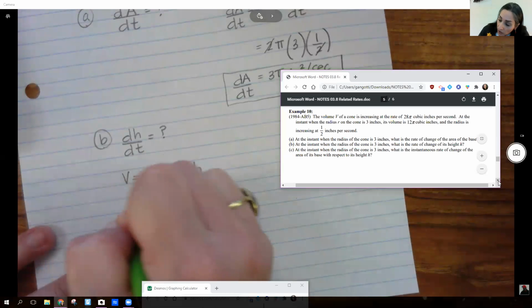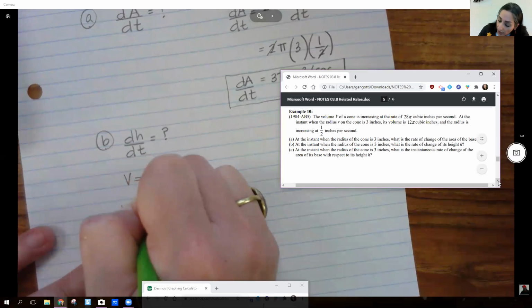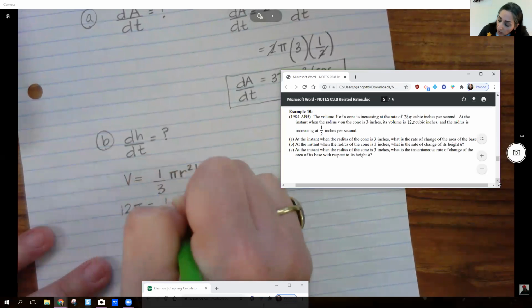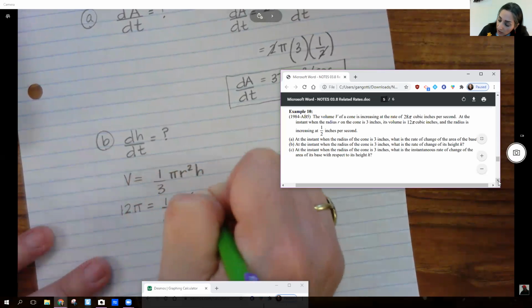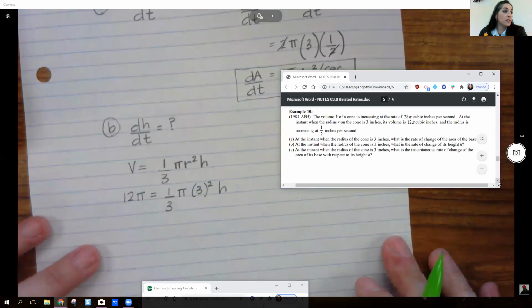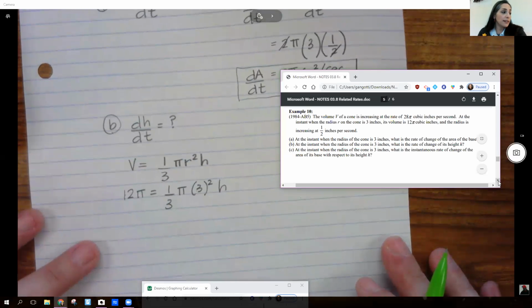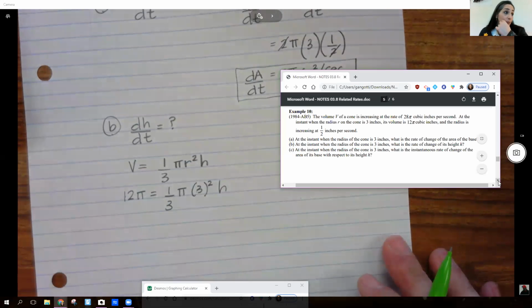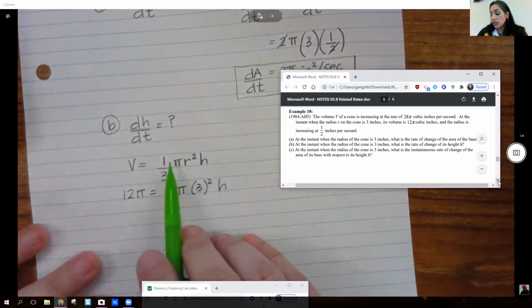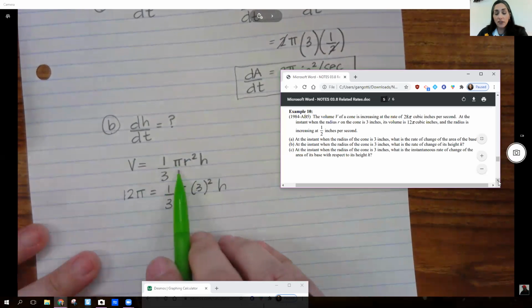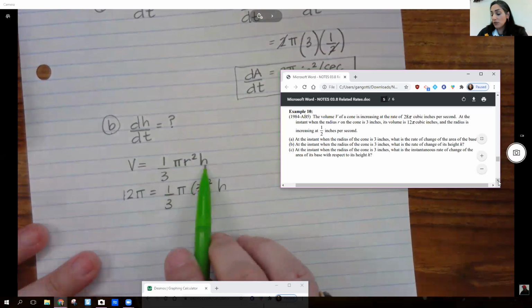So if I know that the volume is 12 pi when the radius is 3, I can plug that into my volume formula and then get the h by itself. Because if I just keep this like this and take the derivative of it, I'm going to have too many unknowns.